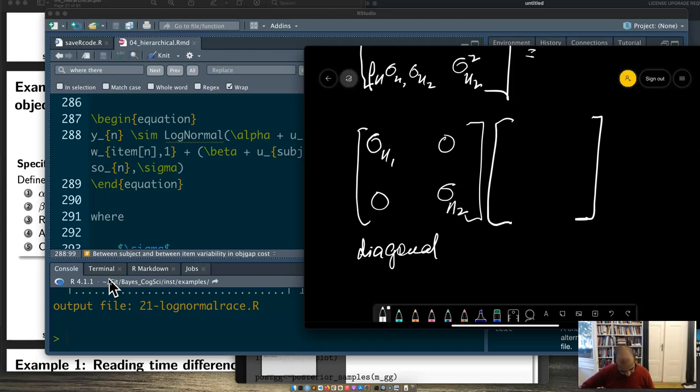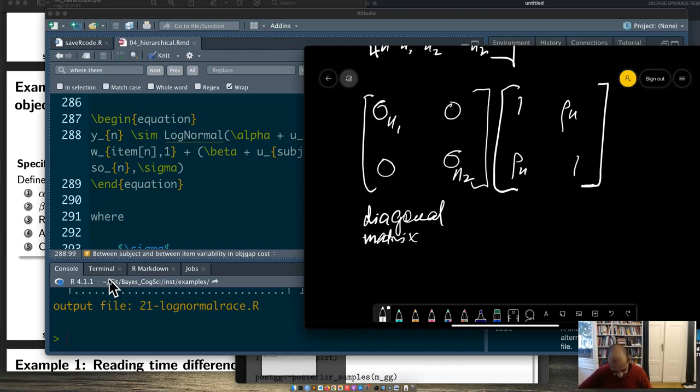This diagonal matrix contains the standard deviations, not the variances. The correlation matrix will contain the correlation between the 2 random variables, and on the diagonals it will have the correlation of each random variable, u1 and u2, with itself, which is always going to be 1. This is called the correlation matrix.